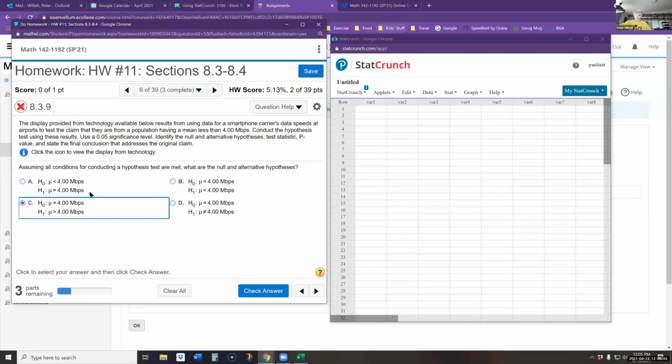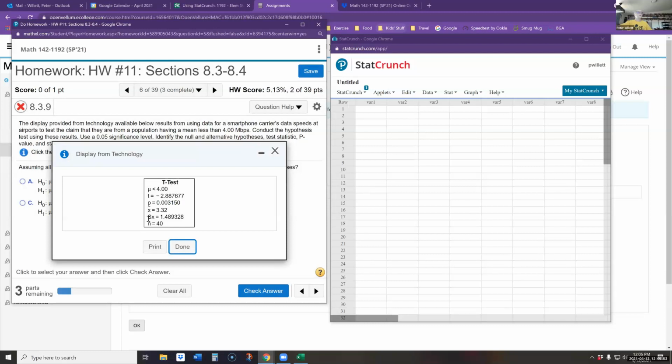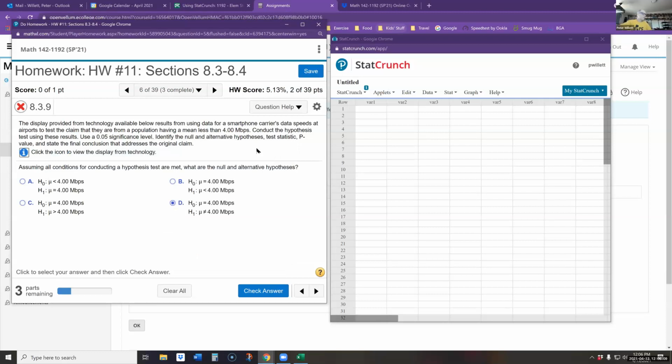We're going to obviously have to set up the null and the alternative hypothesis and pick one of these. And it says the technology results from the sample are here. So they're basically just showing some results here, and we're supposed to see how, looking at the technology results, to answer the question, which is the position we're going to be in because StatCrunch will also give us results like this. But let's see how we could format this.